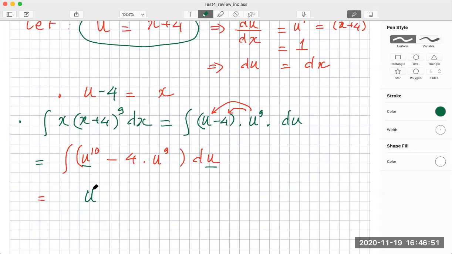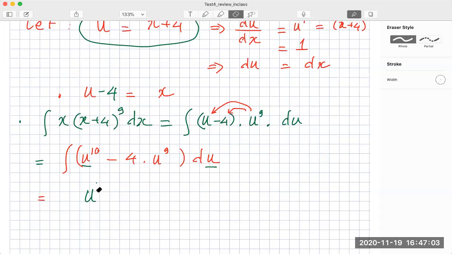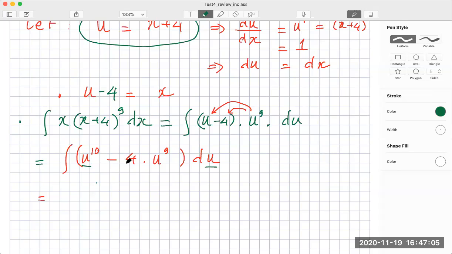It's like what we just did, but in the opposite direction. Okay, let us separate this first. It will be the integral of u to the 10 du minus the integral of 4u to the 9 du.